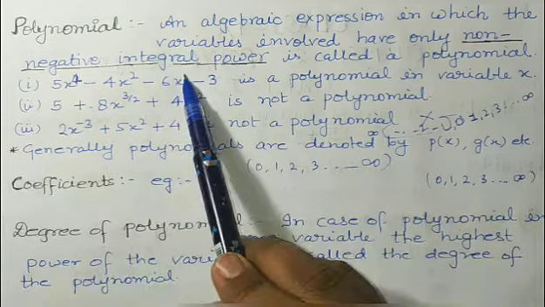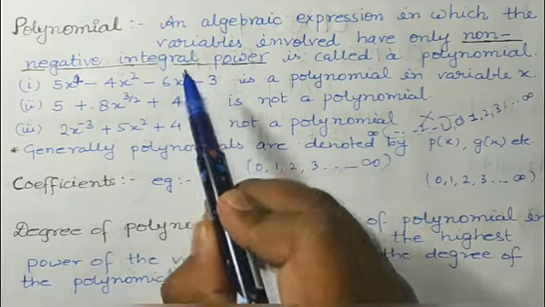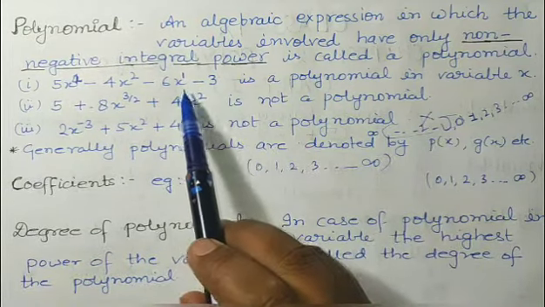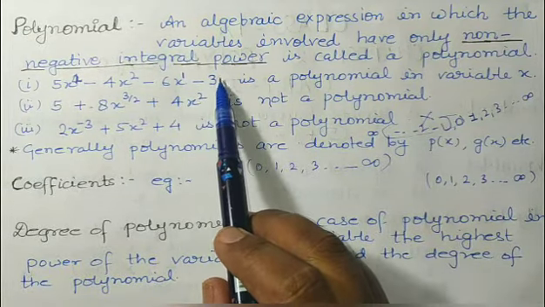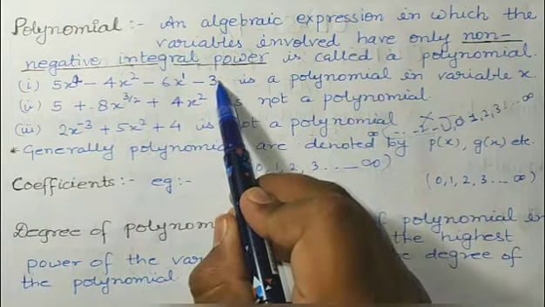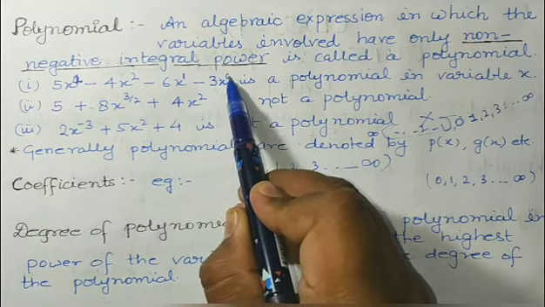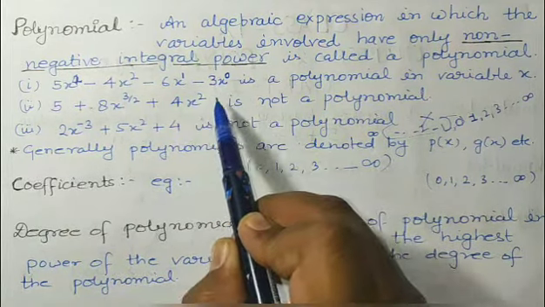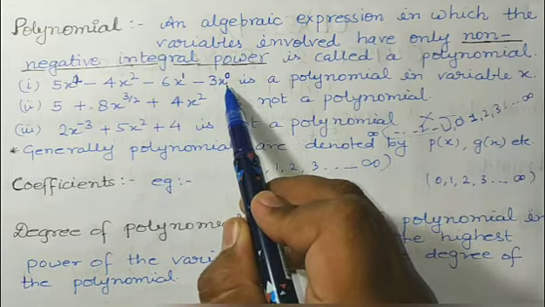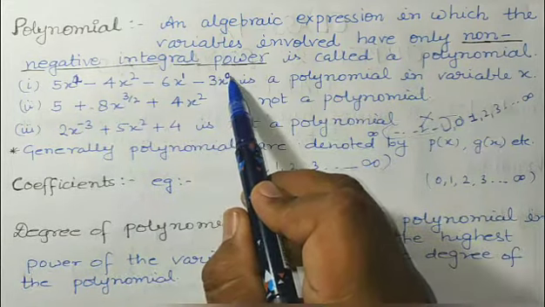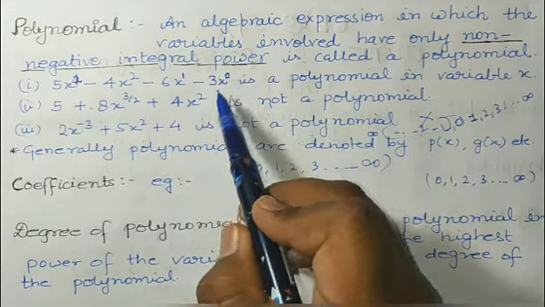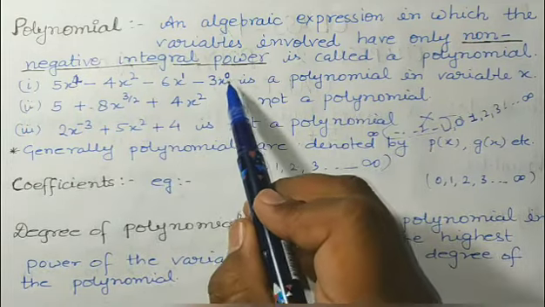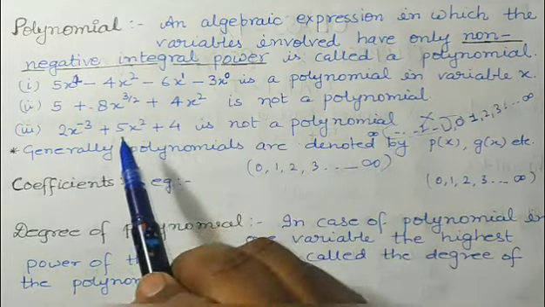Here also, if nothing is written, it means 1 is there, the power is an integer as well as positive. And here if nothing is there, you can see x to the power 0 is here. x to the power 0 is equal to 1. So the power is an integer as well as non-negative.